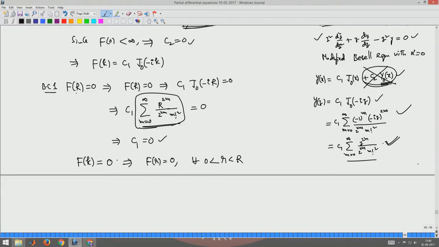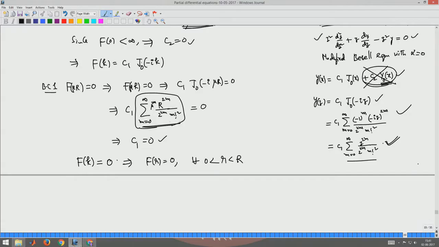So, what you have to write is actually the boundary condition becomes f of mu R equal to 0. So, you have f of mu R is 0. So, f of mu R, you simply replace with mu power 2m. So, R mu R equal to 0.